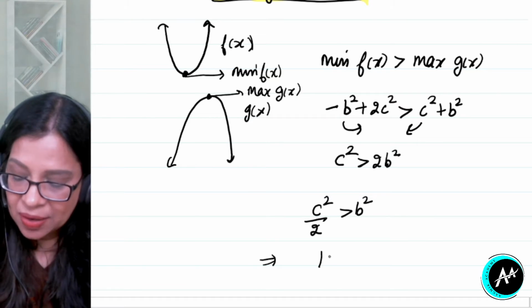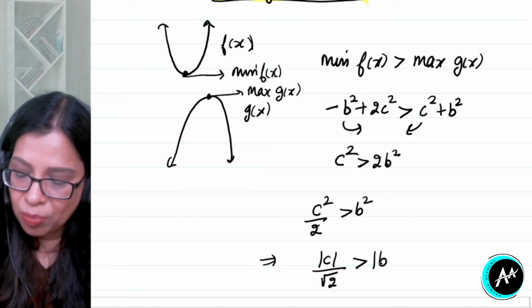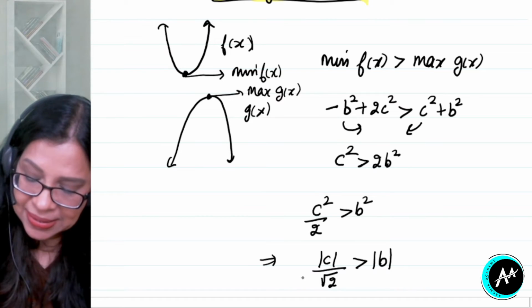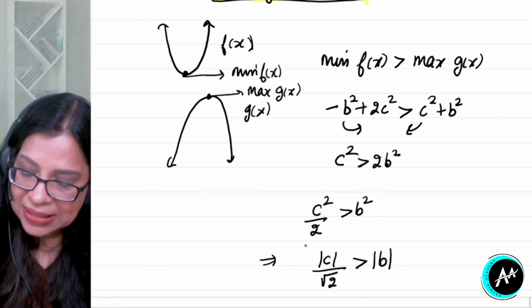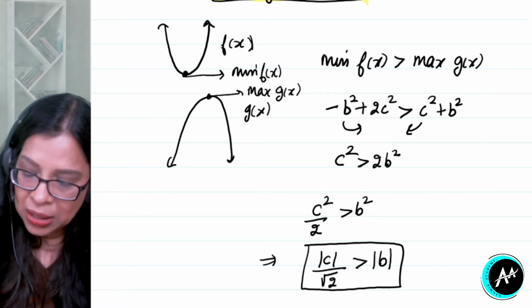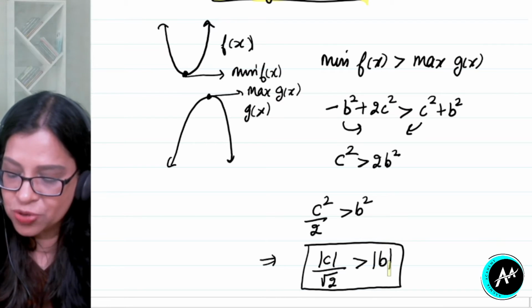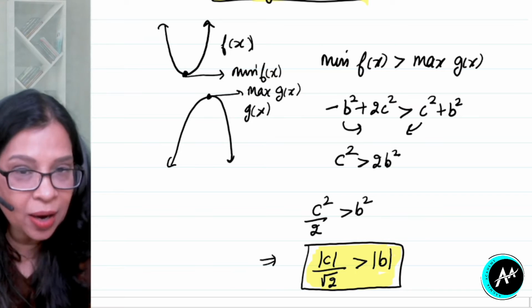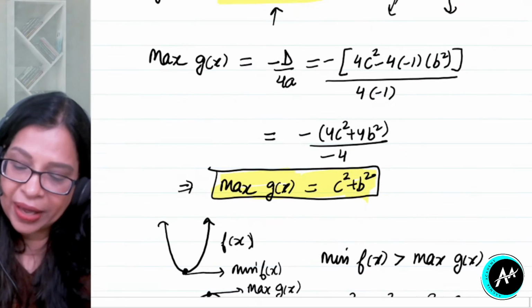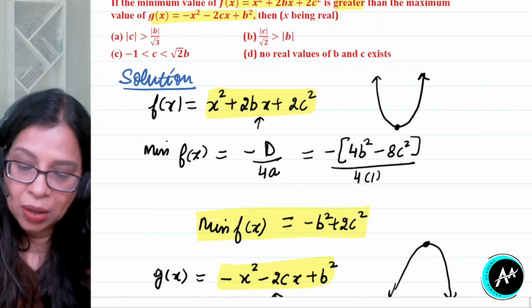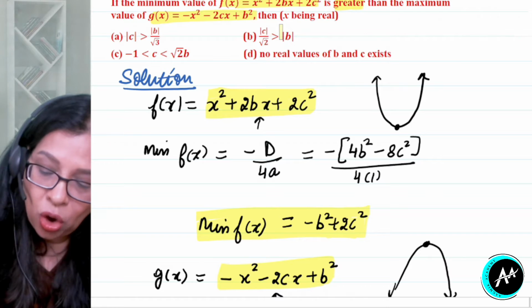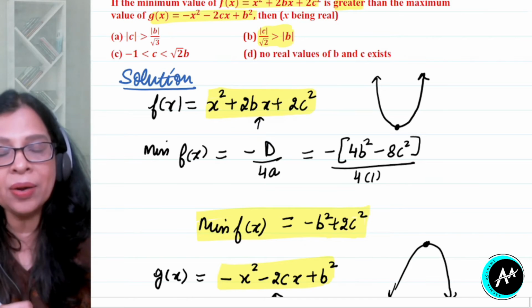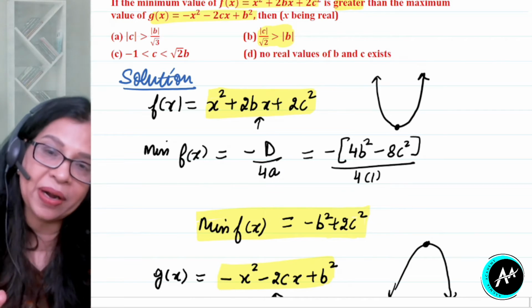This implies mod c upon root 2 is greater than mod b. So this is the condition on mod c and mod b. Alright, so let's see which option is going to be correct. Mod c upon root 2 is greater than mod b. Now you can see that option b is correct, right? Mod c upon root 2 is greater than mod b.